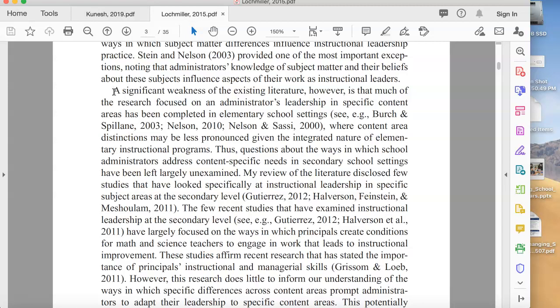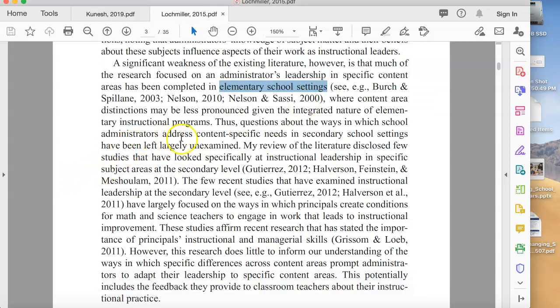Research on instructional leadership, he's arguing, focuses mostly on elementary schools. He's just made the case to us that elementary and secondary schools are quite different because of departmentalization and specialization of knowledge.